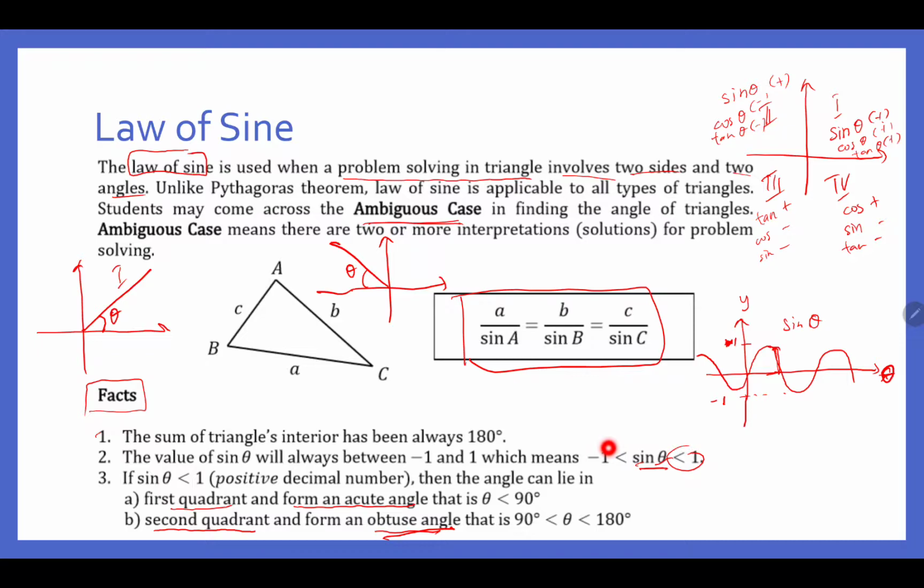So kita tengok proportional dia dari segi macam mana. So a over sine A equals b over sine B equals c over sine C. So A is angle A lah, sine angle A. b dekat sini sine angle B, c sine angle C.